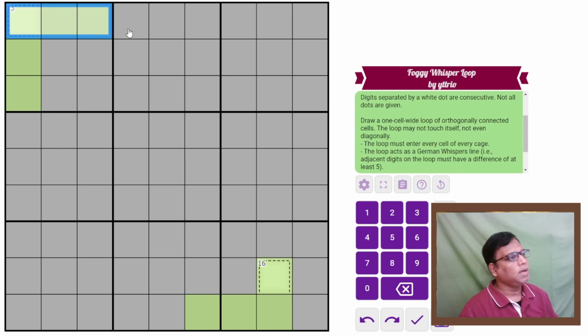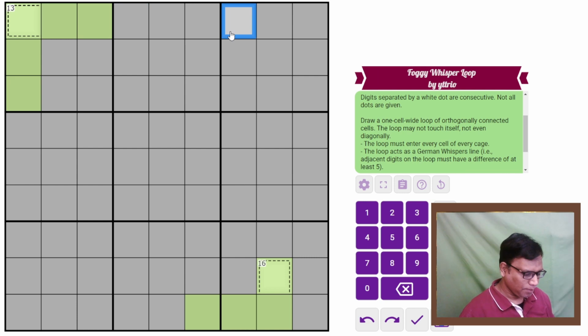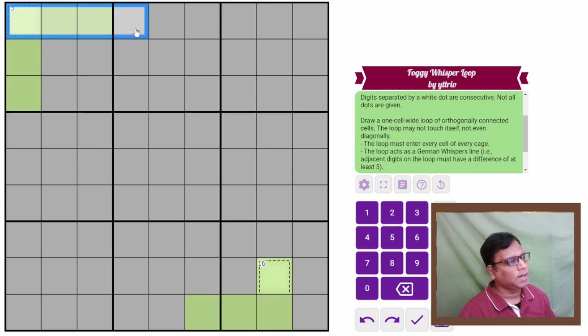Can it be 4 cells long? If anything is 4 cells long on a German whisper line, it must have two lows and two highs. Doesn't matter the order, but it must have two lows and two highs.